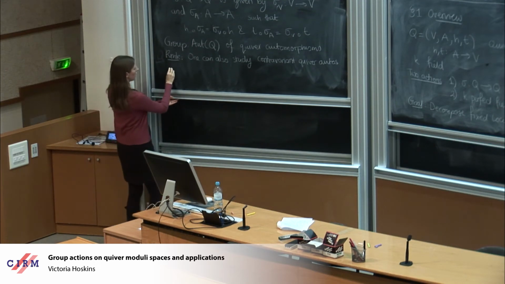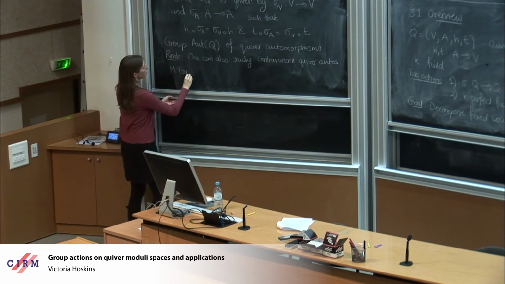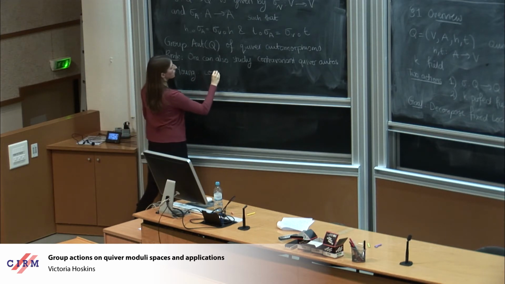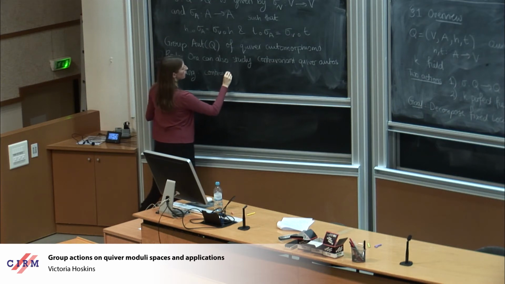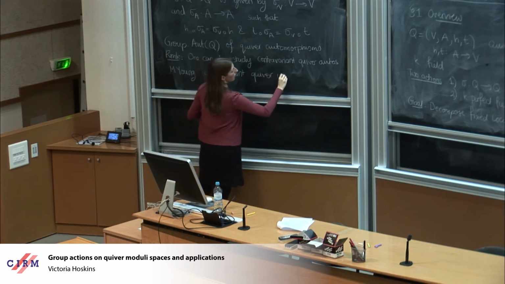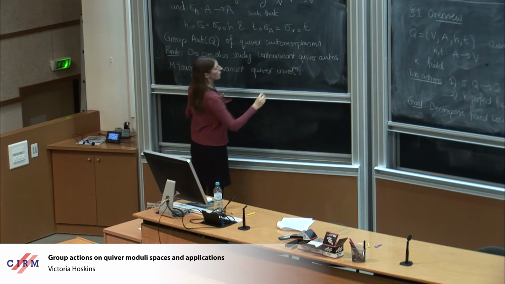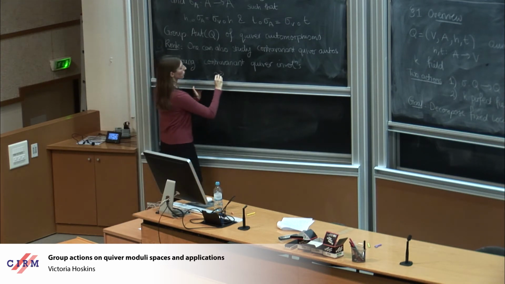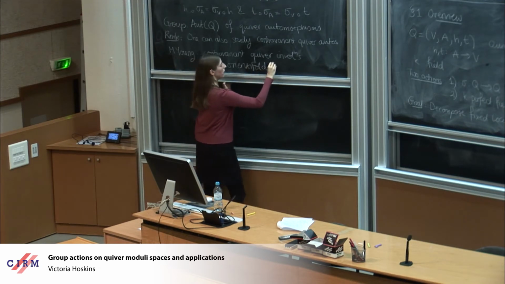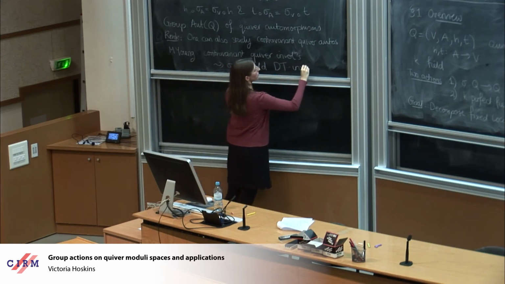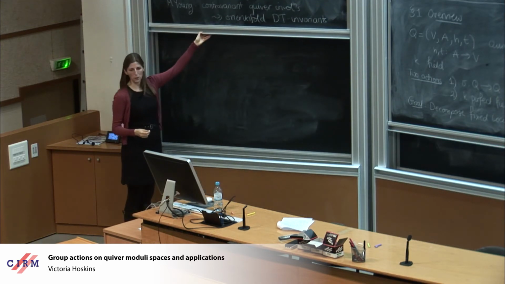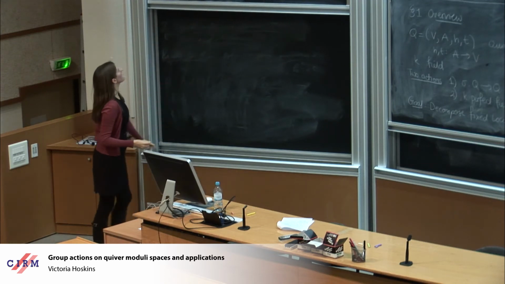And in fact, Matthew Young studied contravariant Quiver involutions in order to define orientable Donaldson-Thomas invariants for quivers. And in fact, I think his motivation was from counting BPS states in physics.